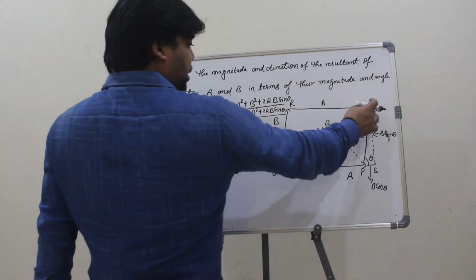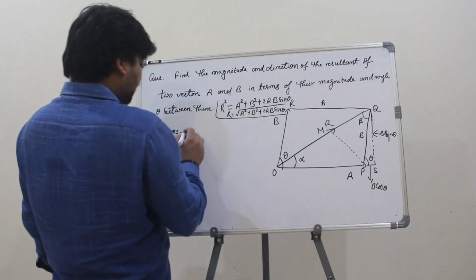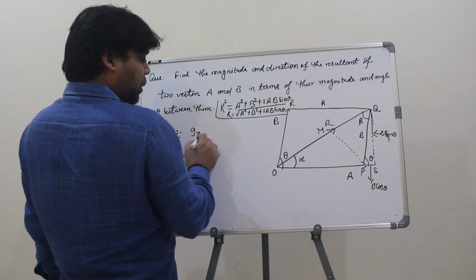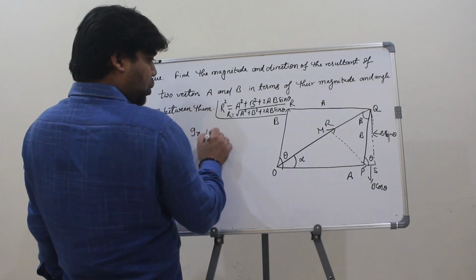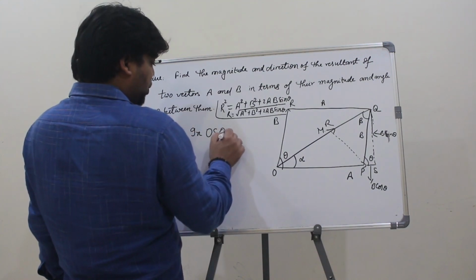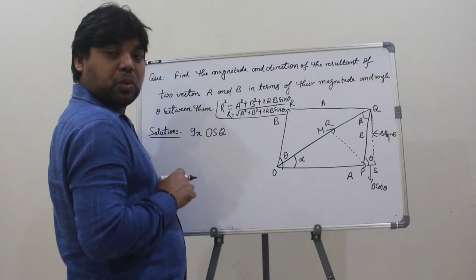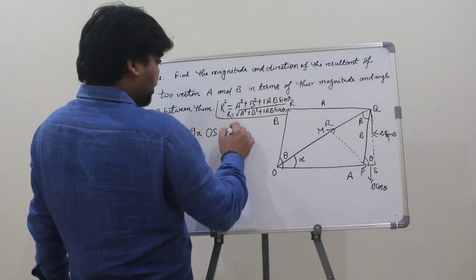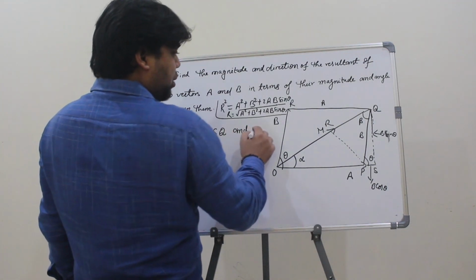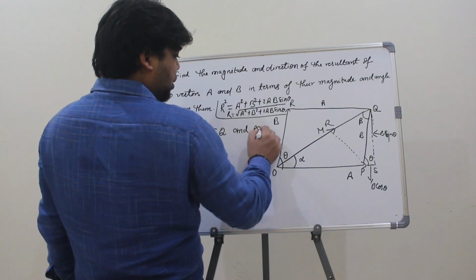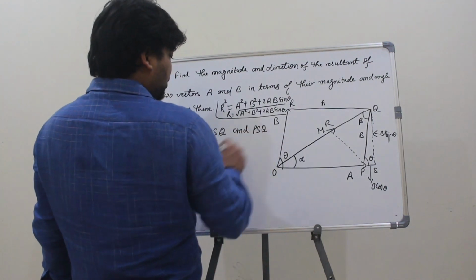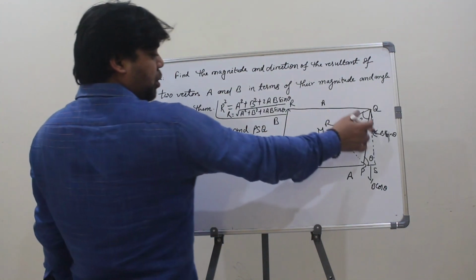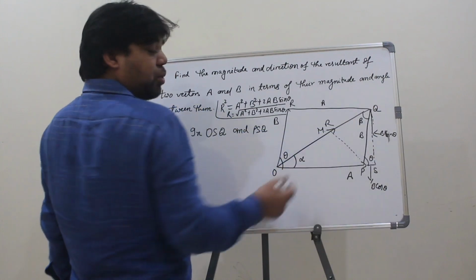So let us first try to calculate this one. If you take the triangles OSQ and PSQ, what is SQ in both?